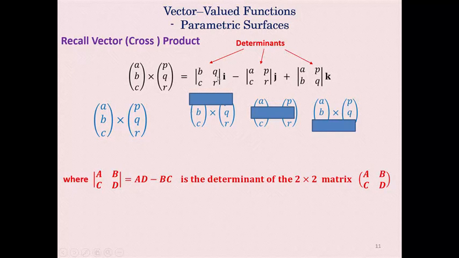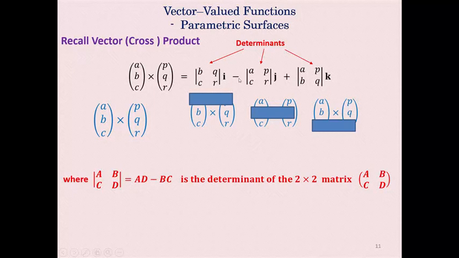And the matrices themselves are derived from the original vectors in an interesting way. The coefficient of i is obtained by blocking the first row, which is a, p. If you block a, p, you get b, q, c, r, which is what you see over here.